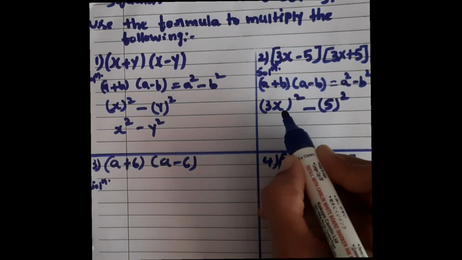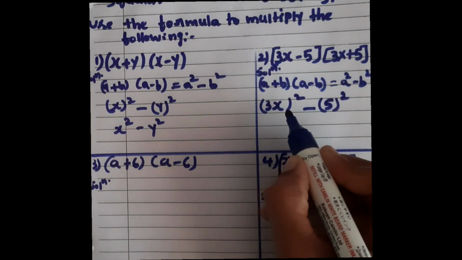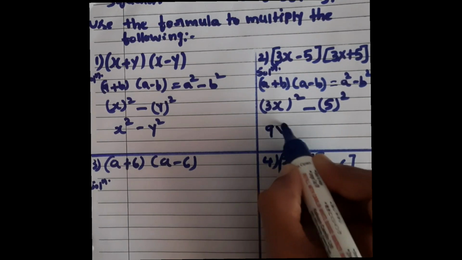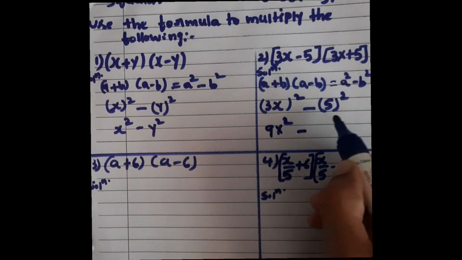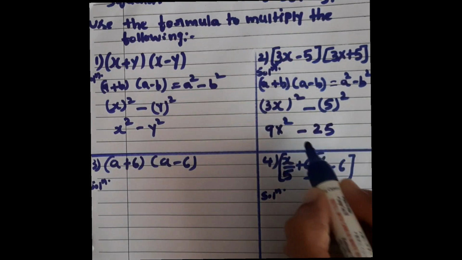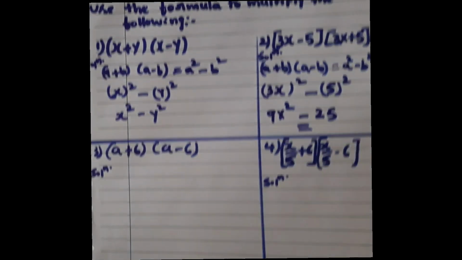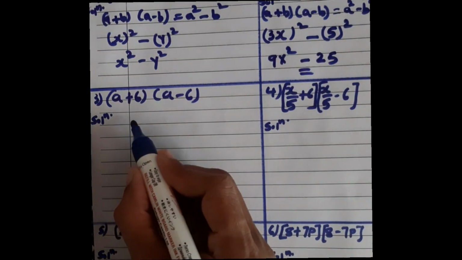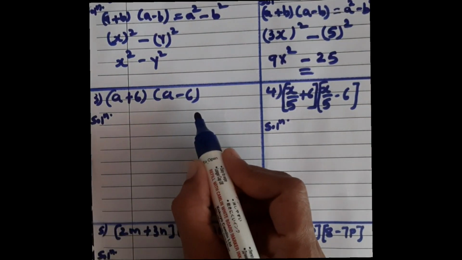3x whole square means 3x we have to multiply 2 times. 3x into 3x, 9x square. Minus is there, minus 5 5s are 25. This is our answer. Next question, (a + 6)(a - 6).